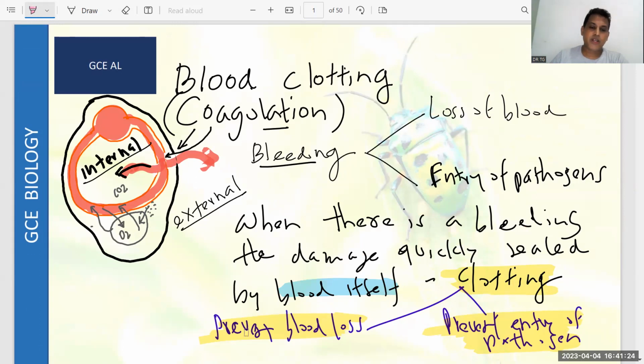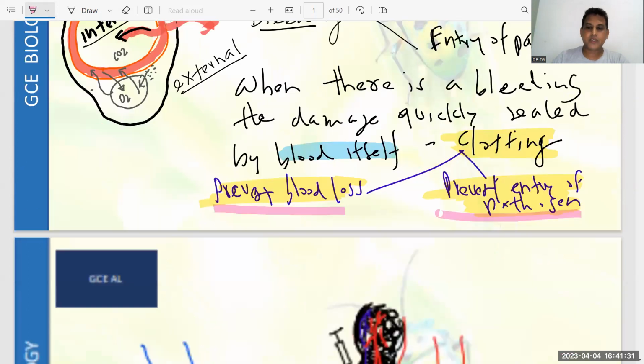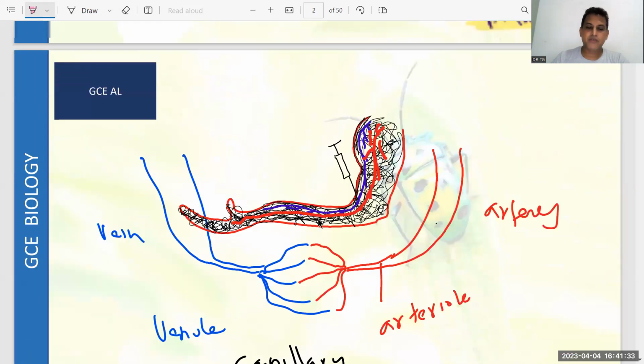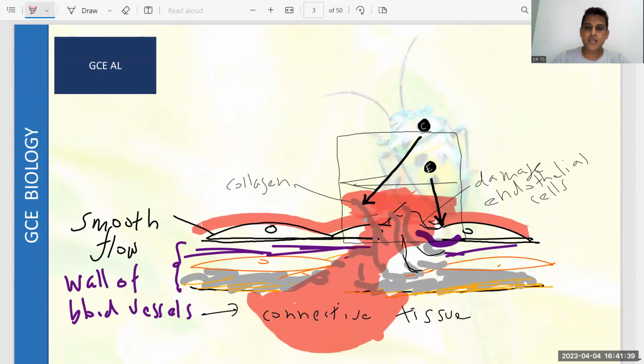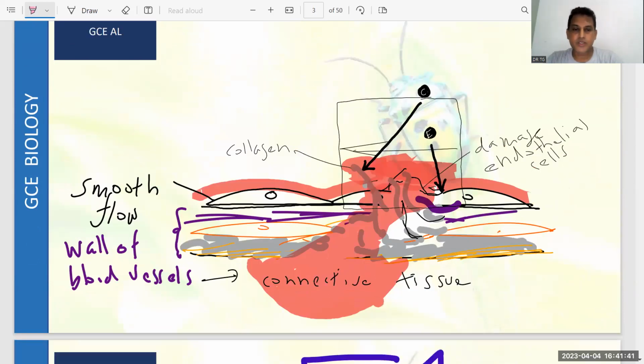It is important to prevent blood loss and prevent entry of pathogens. It can happen in veins, capillaries and arteries, but most commonly capillaries and veins. The process starts by exposing damaged tissues, including collagen. Collagen and endothelial cells are the most important players that can activate the clotting process.